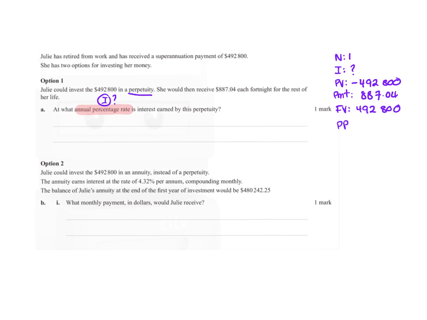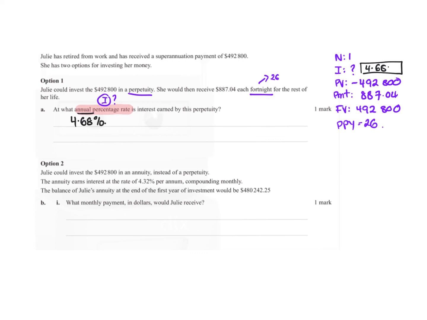And PPY, it says a fortnight, so there's 26 fortnights in a year, so that's 26. So we'll pop that in and we'll get our answer for this. Okay, so we do that and we get 4.68%. So that's the annual rate, 4.68%.